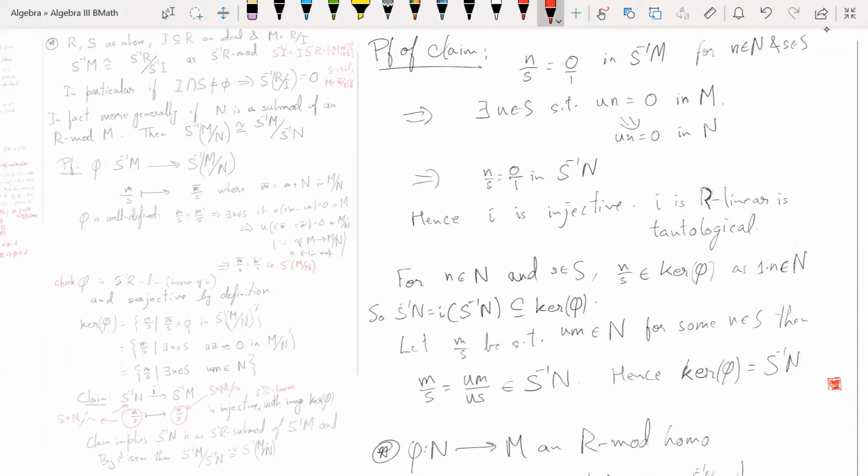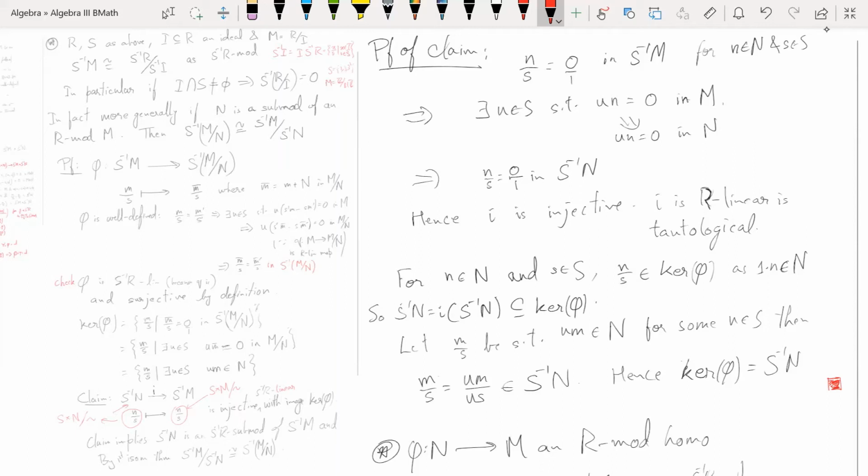So I have to also check, first I should check I is R linear, or S inverse R linear in fact. Both are R modules as well. So R linear or S inverse R linear, whatever you like, you can check.